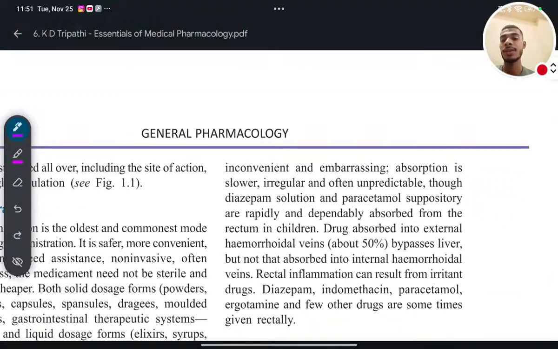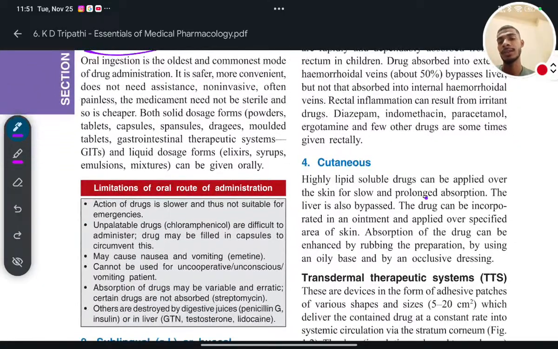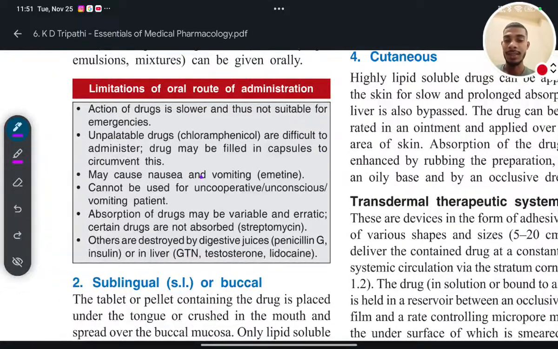In systemic routes, what are the different types? Number 1, oral route. In the oral route, there are some limitations also, as I mentioned yesterday: if the person has nausea, vomiting, or is senseless. It is also slower in an emergency condition, so it is not suitable for emergency. Unpalatable drugs are difficult to administer.